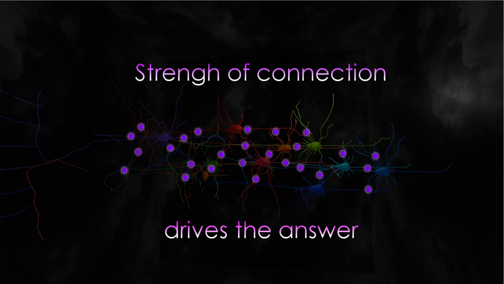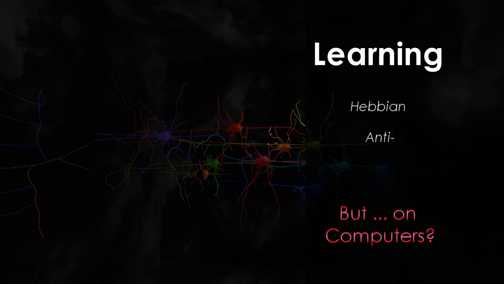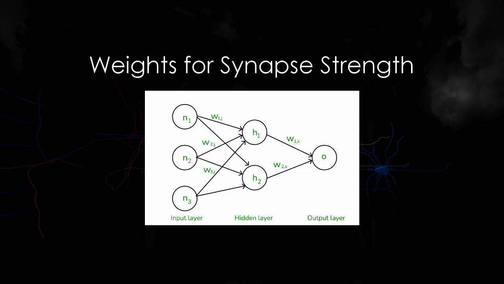Each connection has a weight, a strength, an amount of synapses that it links to the others. We've learned a few methods: Hebbian, anti-Hebbian, spike timing dependent plasticity, but what do you do on computers? These are all organic methods. Well, you reduce a neuron to a point, its connections to a weight, W. And you have to figure out some way to set those weights.